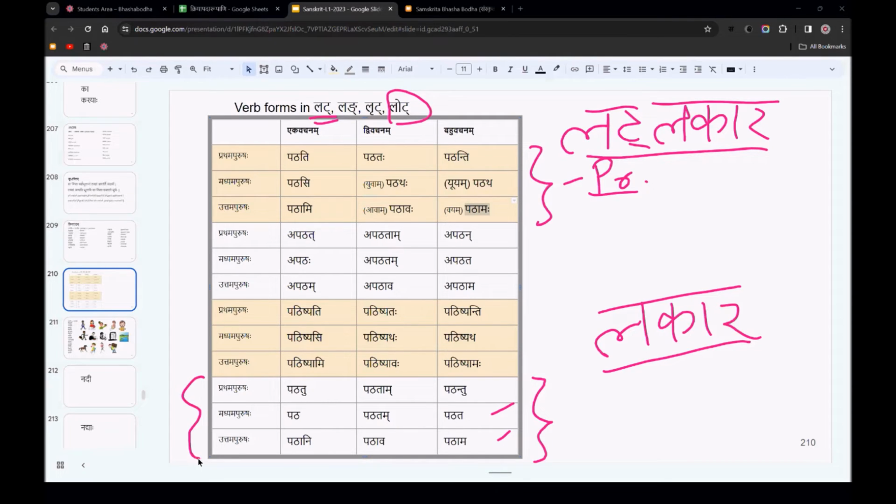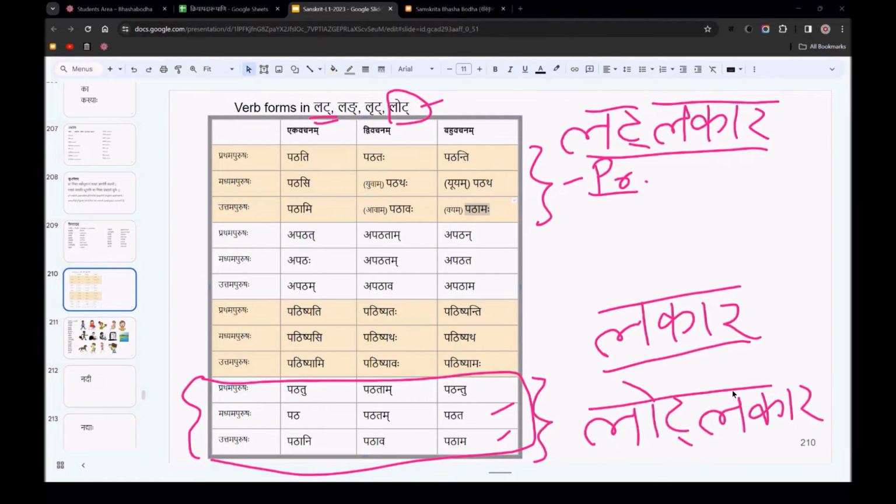Similarly, the last one, which is used for ajna, meaning ordering, instructions, or even praying, asking somebody to do some action, is called lot lakara in Sanskrit grammar. Lot lakara.